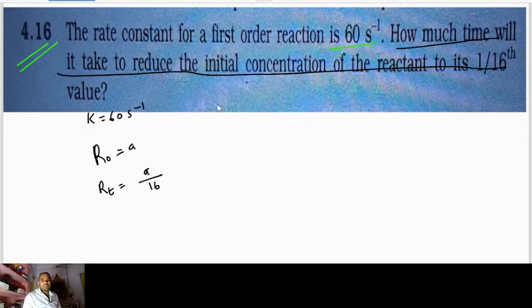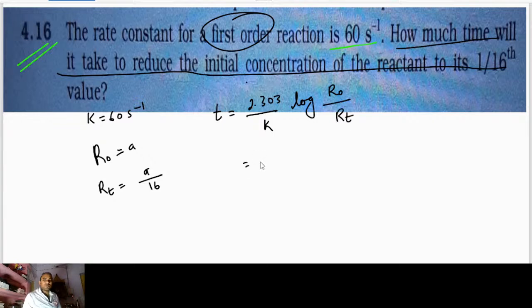So t is equal to, for a first order reaction, 2.303 upon K log of initial concentration R naught upon Rt. So here 2.303, K value 60, log R naught is A, and Rt is A by 16.